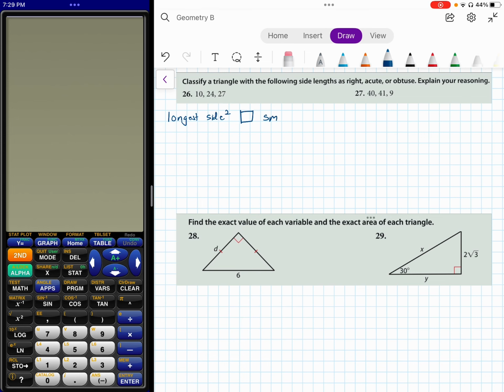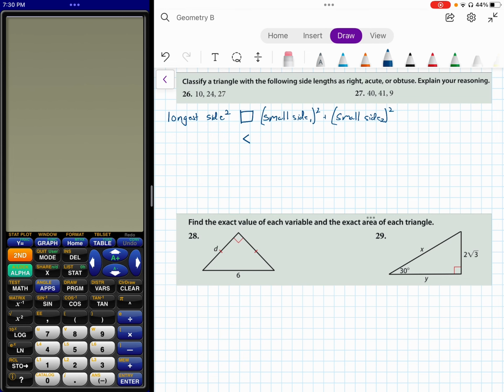So I'm just going to put small side 1, a little subscript of 1, and we're going to square that, plus the other small side, so a little subscript of 2 squared. And so we're going to do that if the longest side squared is less than, so I'm going to fill in the blank.